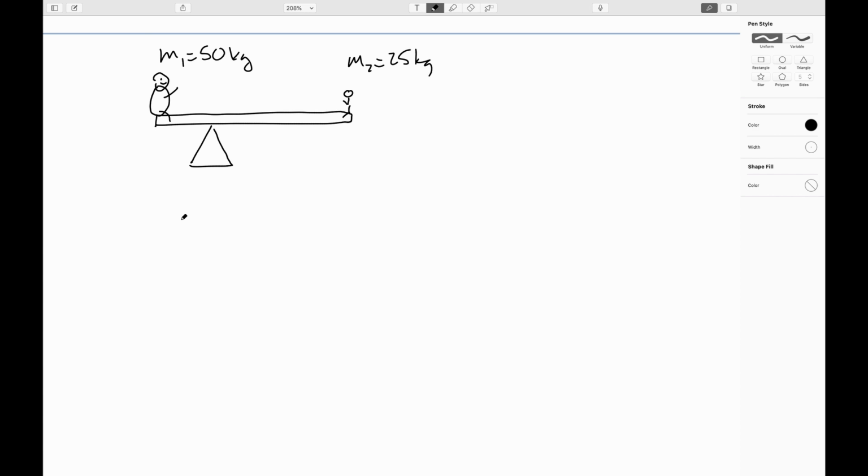Let's say this is a very long teeter-totter plank. And we'll say the distance between the fulcrum and the big kid is 1 meter. What we're interested in finding out is the distance between the fulcrum and the skinny kid. And just to make things less awful on ourselves, let's make the plank massless.